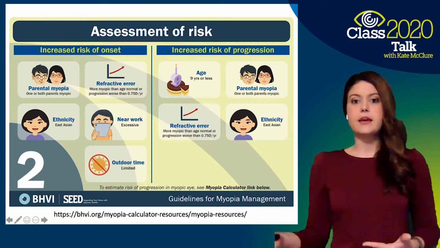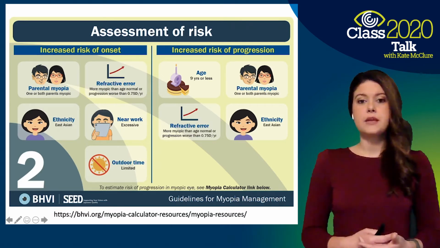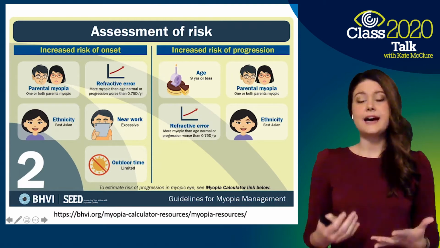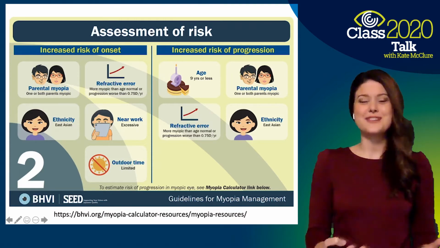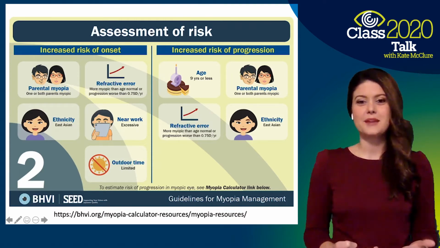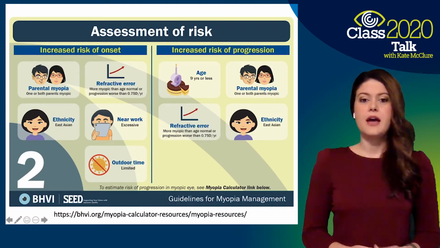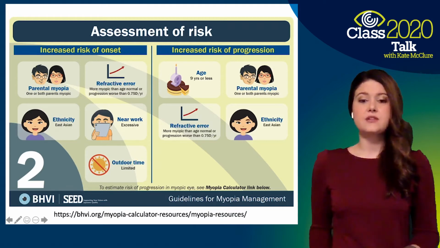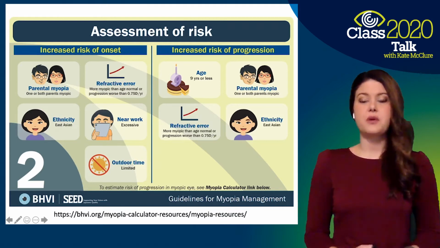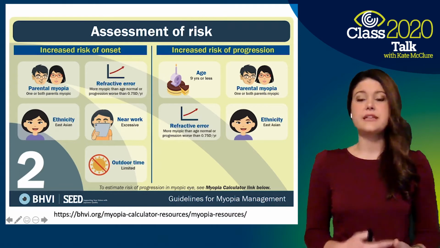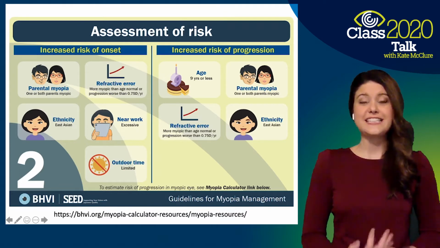So next, the increased risk of progression includes age 9 years or less when you first diagnose them with myopia, if they have one or both parents that are myopic, once again, if they're more myopic than age normal, or progression worse than 3/4 of a diopter per year, and a patient of East Asian ethnicity.